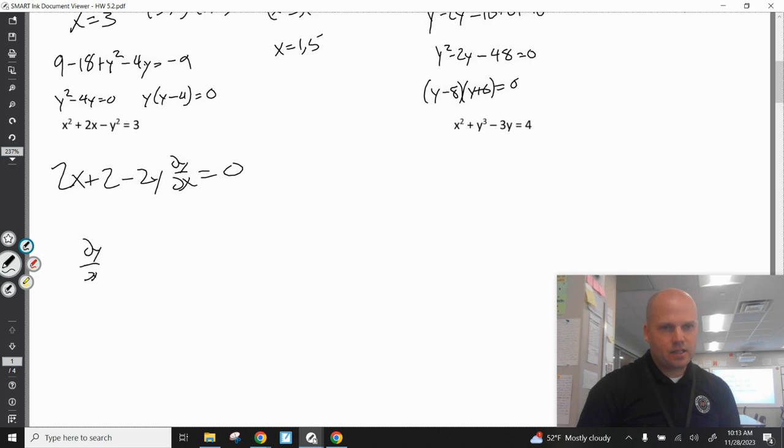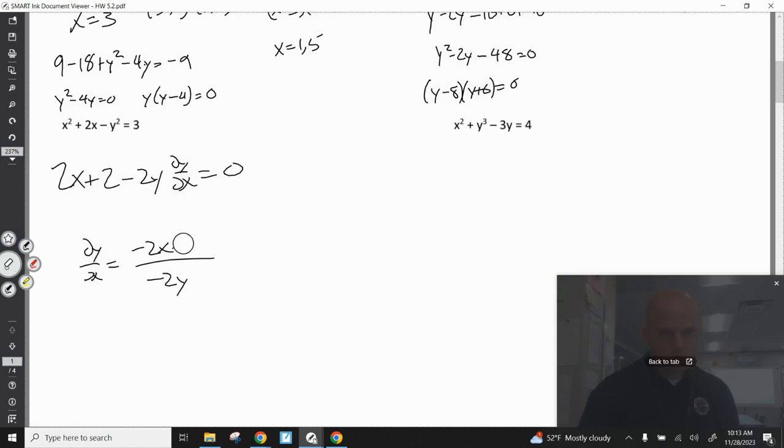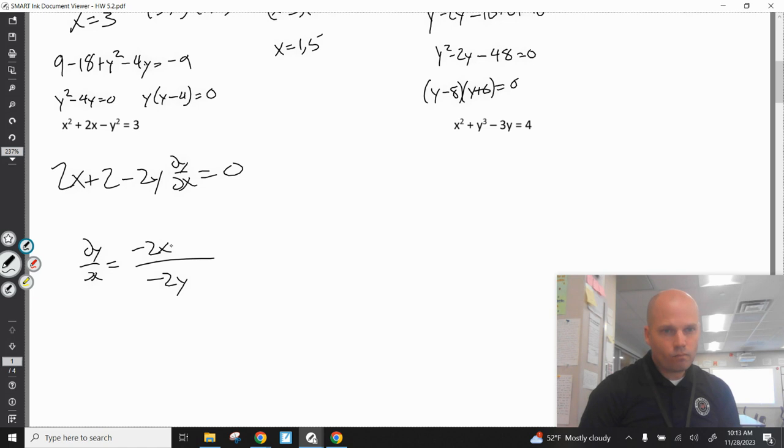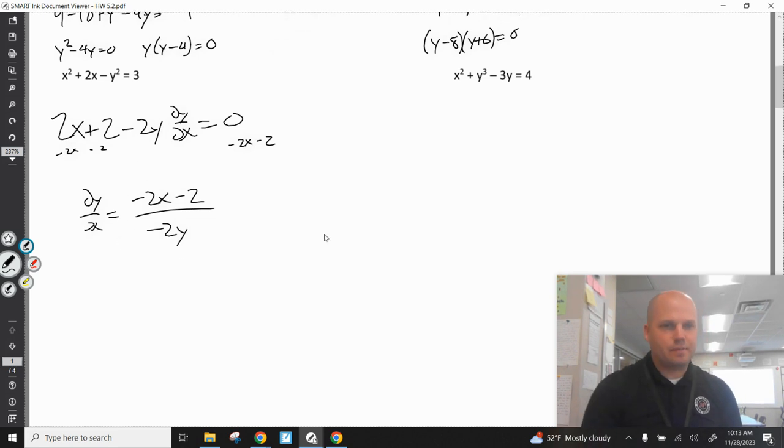Dy/dx equals minus 2x minus 2 over negative 2y. Subtract 2x, subtract 2. You've got to put in the time. If you didn't put in the time to find your derivatives correctly, put in the time now.